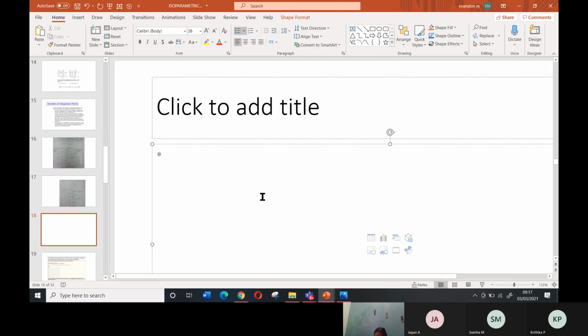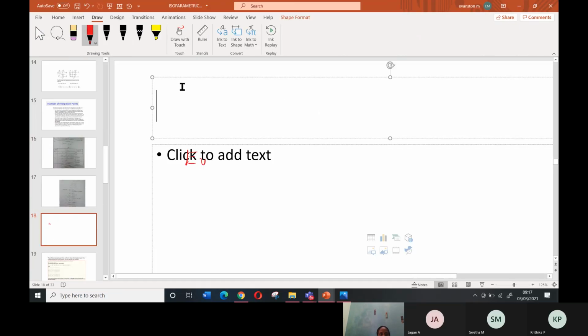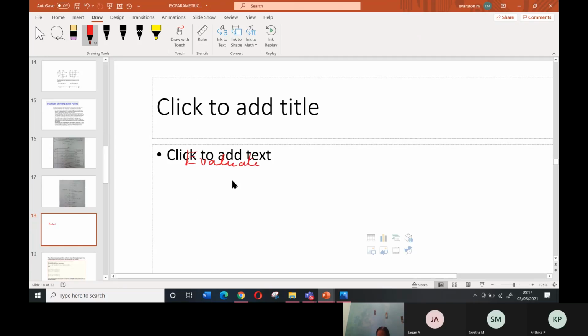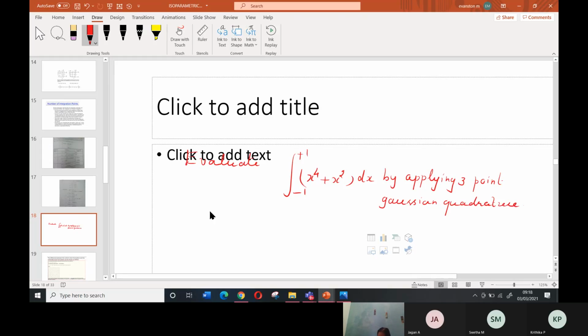So now we will do a problem, that is evaluate the integral from -1 to +1 of x square plus, using Gaussian quadrature.